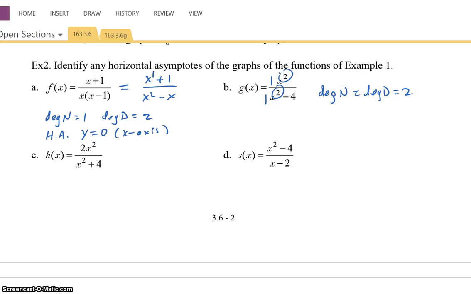Each of those is 1, then the horizontal asymptote will be determined by the ratio of those leading coefficients. Y equals 1 over 1. That is, y equals 1 would be the equation of the horizontal asymptote of the graph of G.